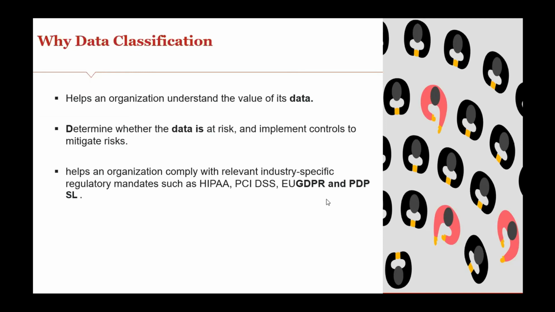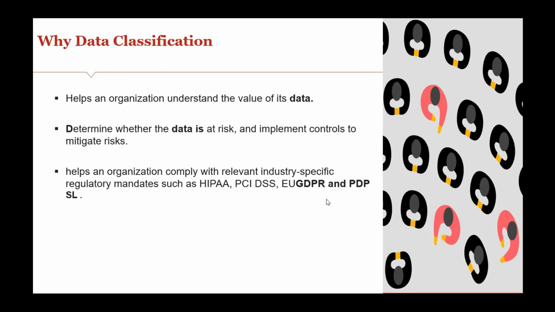Then you do the data classification to determine what kind of risk mitigating controls you can apply, such as what kind of access users have and what kind of data is going out. For example, it can be PII information, SII information, and how you are going to protect them.